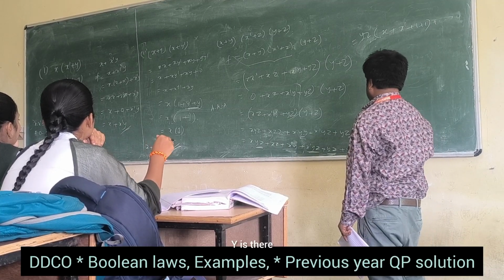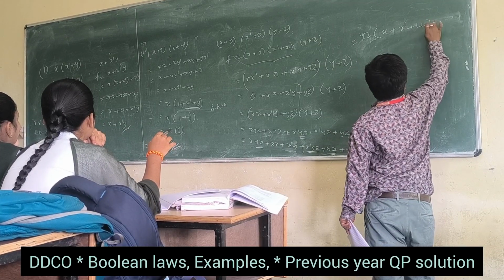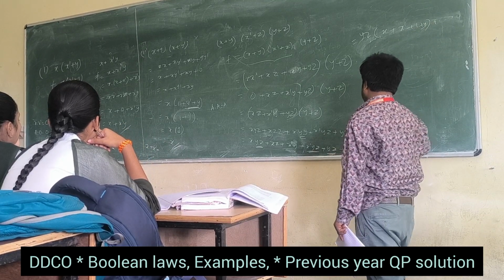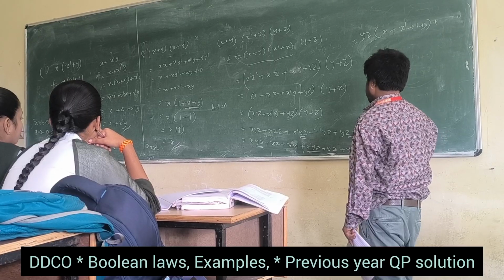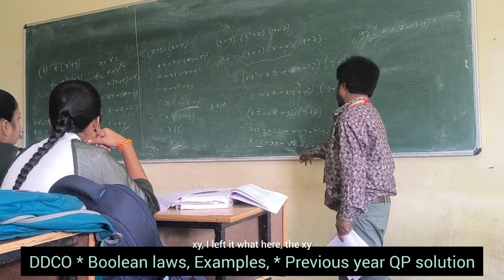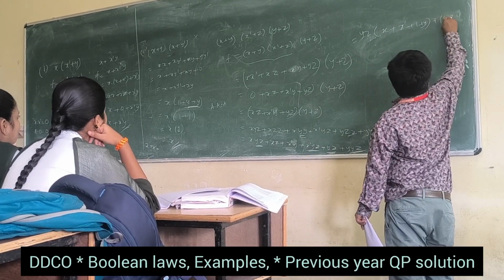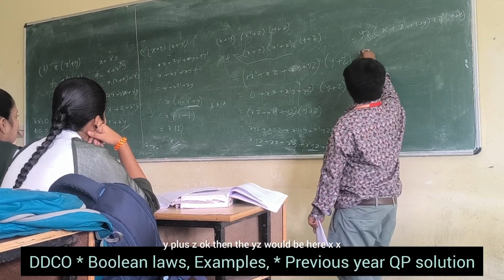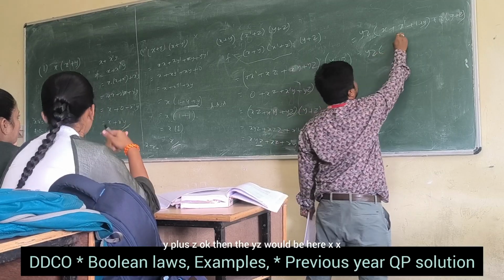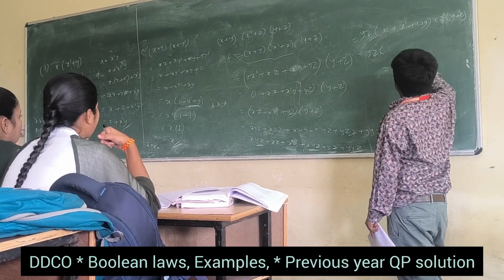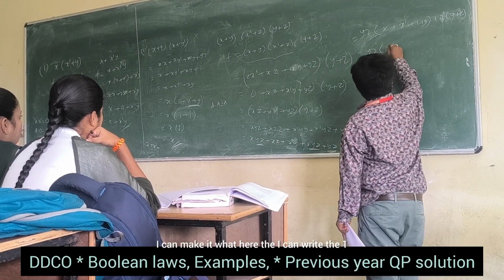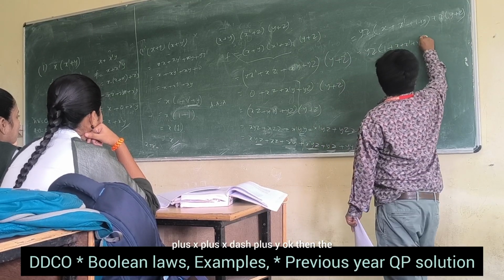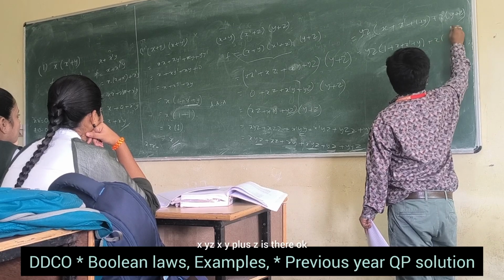y is there. Then xy, I leave it as xy. Then (y plus z), then yz would be here. I can write 1 plus x dash plus y, then (y plus z).